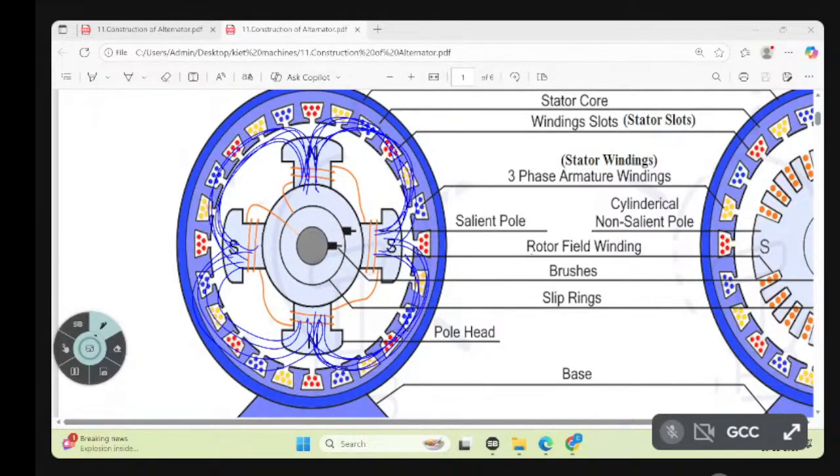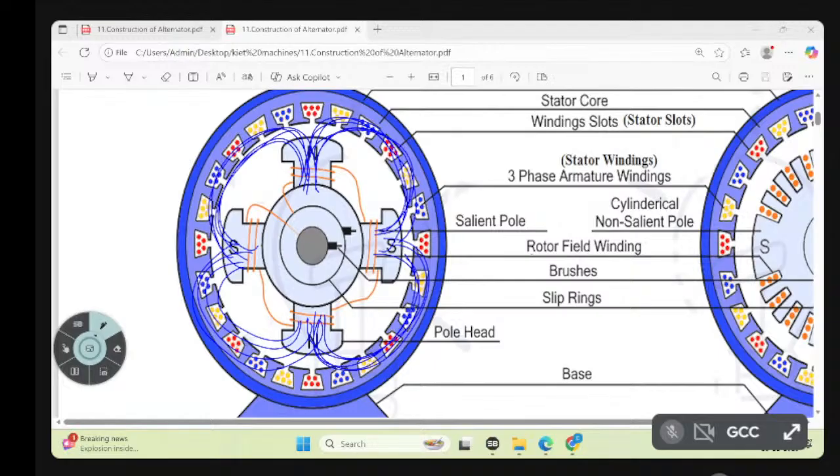Power is generated at Srisailam Dam, at Nagarjuna Sagar, maybe at Polavaram Dam, wherever there is a dam, wherever water is available, or coal is available. We can generate the power. So at a generating station, we have to use the alternator.